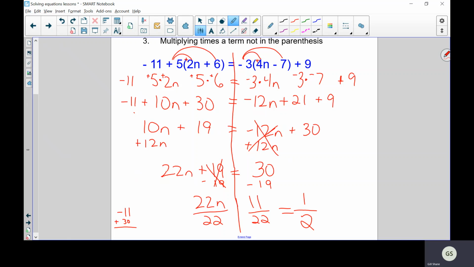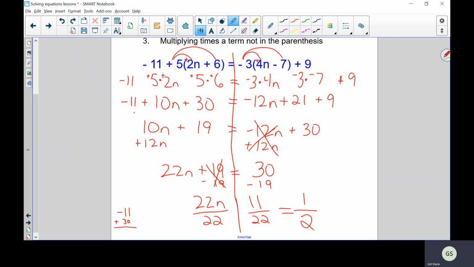Number 16 is the one I said to look at. Whenever you have a number like 3 next to parentheses, that means you're multiplying that by everything inside. Look up here real quick and I'll show you. I did the same thing here.